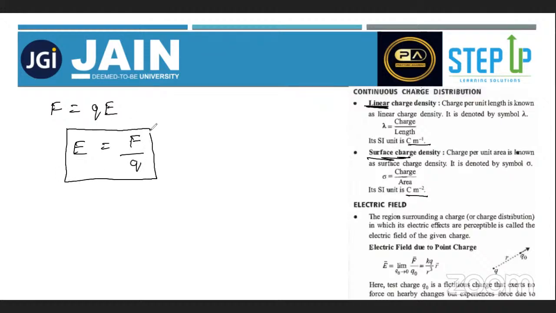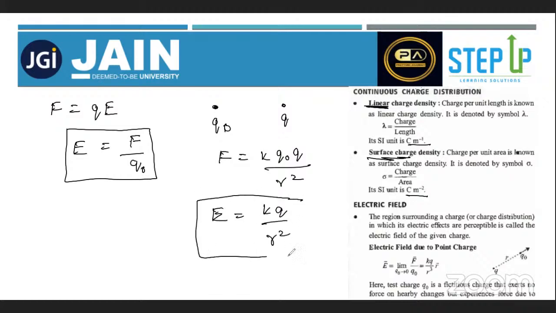Say I have two charges, Q0 and Q. The force between them is F is equal to k Q0 Q by R square. For the electric field, F by Q0 gets Q0 cancelled, and I get the answer as kQ by R square.